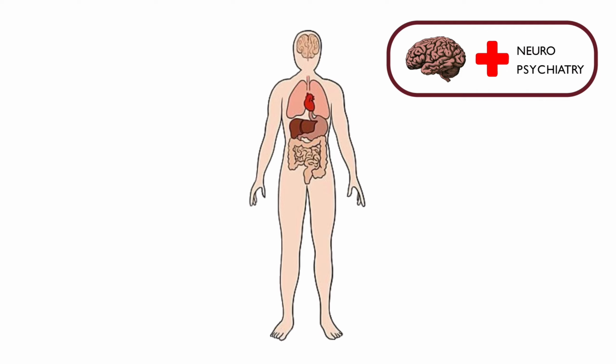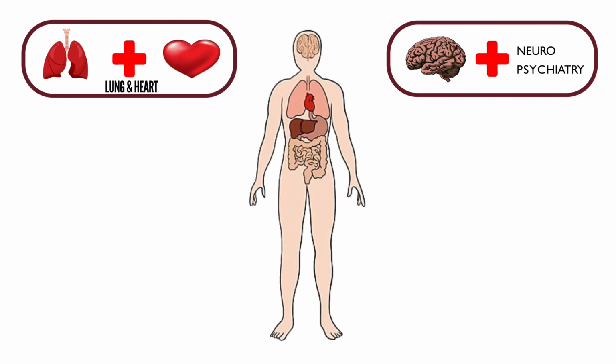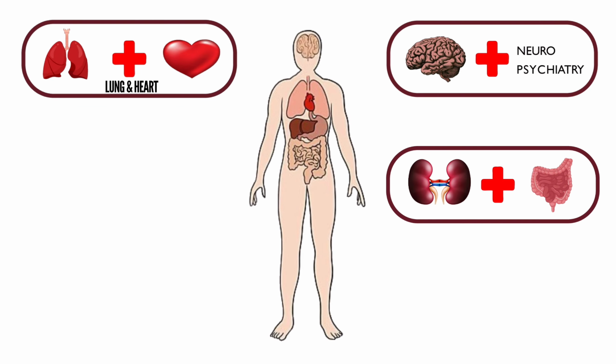Okay, next group of systems: cardiovascular system and chest. They share palpitation, chest pain, shortness of breath, apnea, cough, etc. Next group, GIT and renal system.